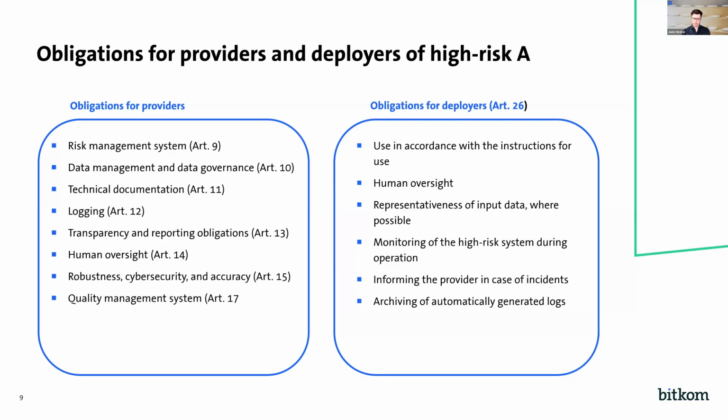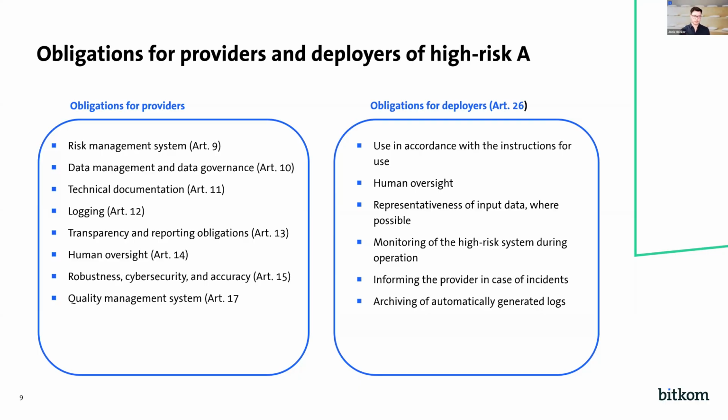But first I want to also take a look at the obligations for deployers of those systems. So of course this applies to a lot more companies. The obligations there are to use the AI system in accordance with the instructions of use, to actually have the human oversight over the systems, then to only use representative input data wherever possible.